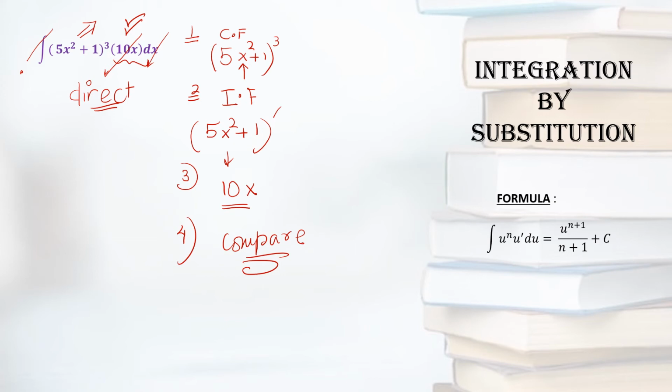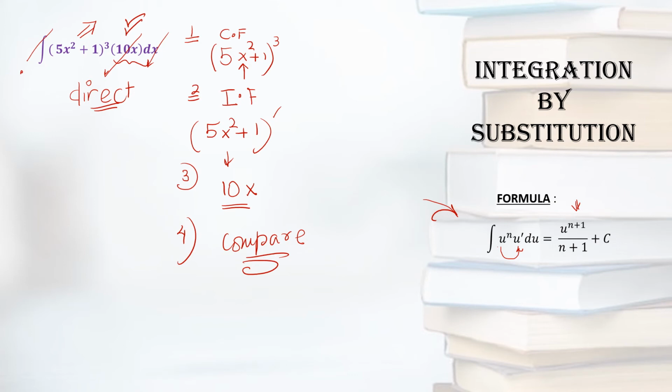According to the substitution rule, if u to the power n, meaning the inner function with some power, is written and the derivative of the inner function is written beside it, then you can apply the power rule.